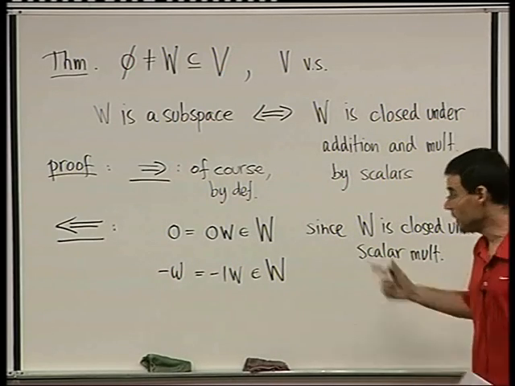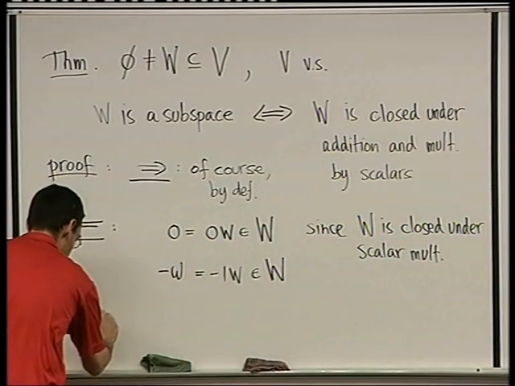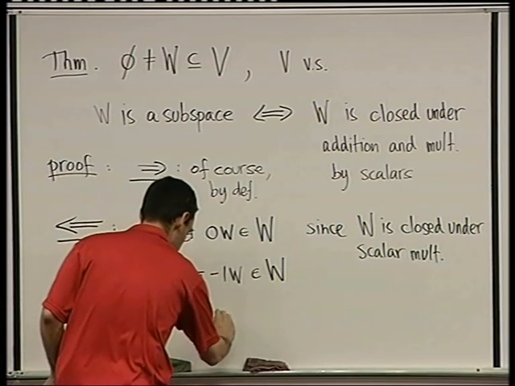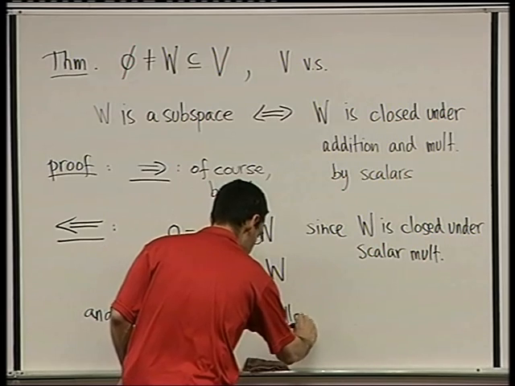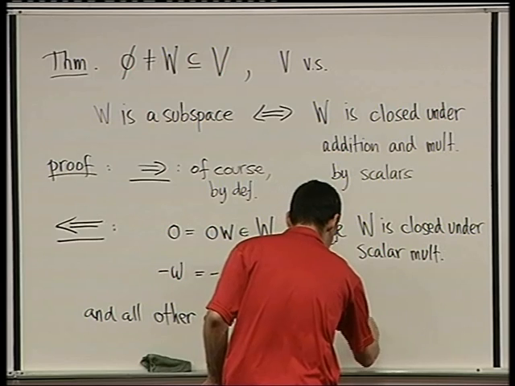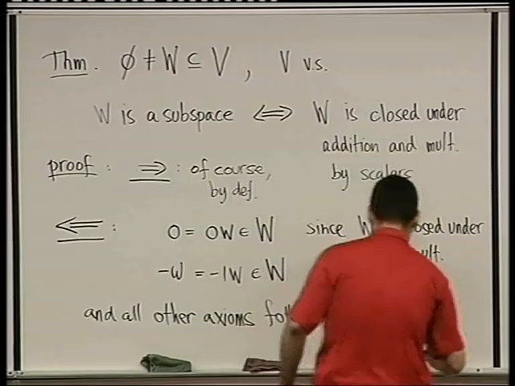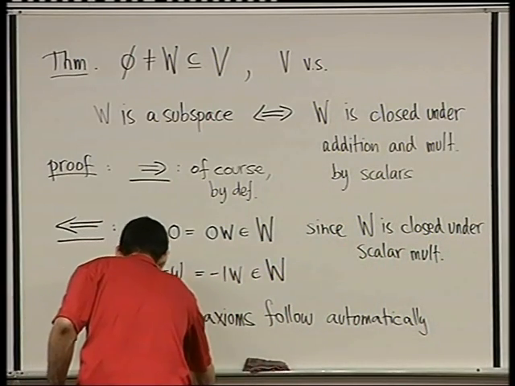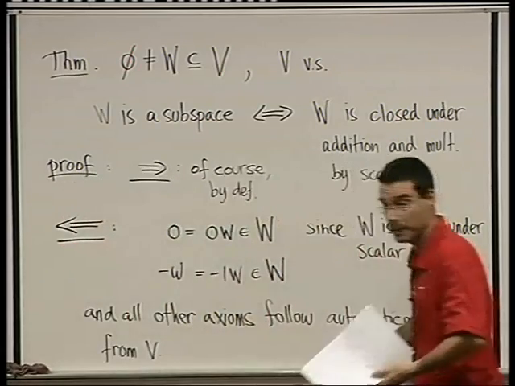So 0 is there, inverses are there, and all the other properties and axioms follow automatically from V, from the parent vector space, from the ambient vector space.